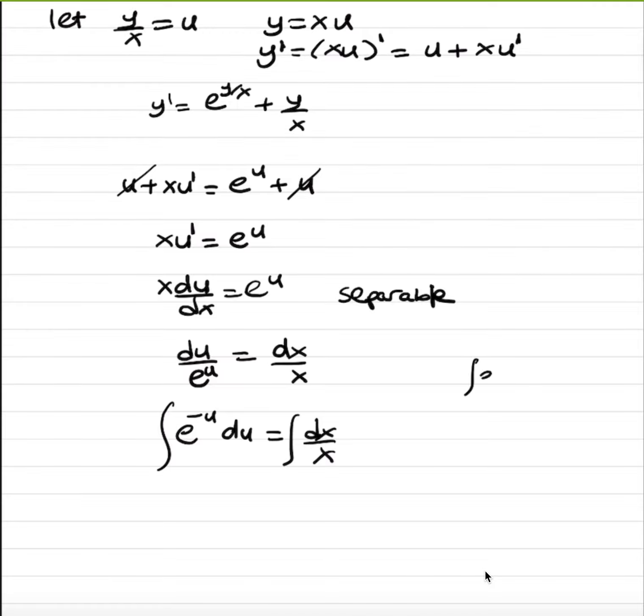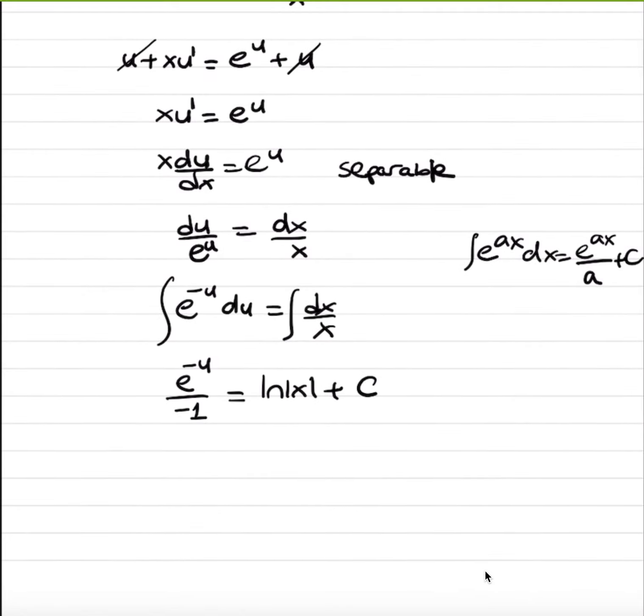What is the integral of e to the power ax dx? This integral is e to the power ax over a plus c. So this is e to the power minus u over minus 1, which is ln x plus c. So we have minus e to the power minus u is ln x plus c.